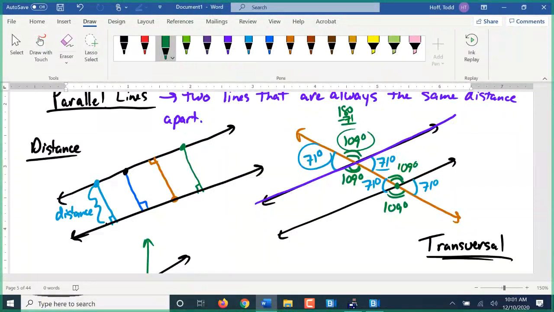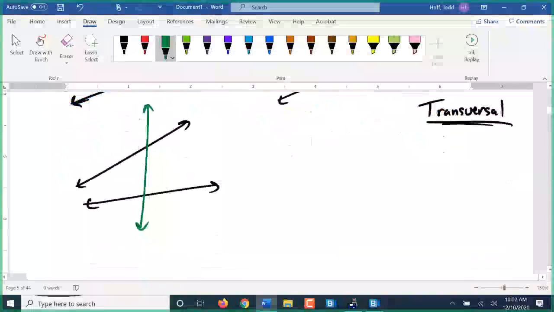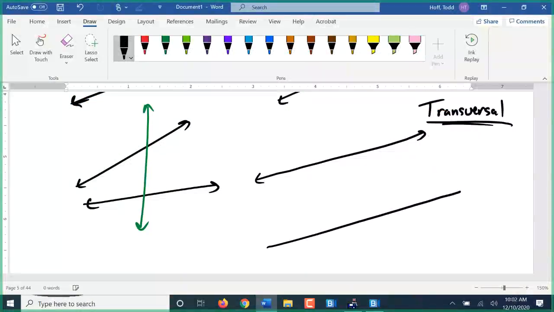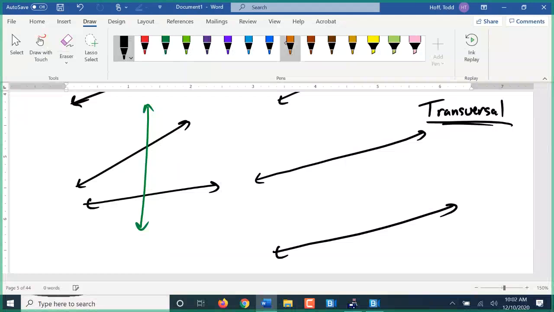When a transversal cuts parallel lines, if this were a formal geometry class, there are all sorts of definitions that we would come up with. Don't write these down. You're not going to ever be tested on them. You're never going to have to remember them. But any angle that is formed between the parallel lines is said to be interior, because it's on the inside, between the parallel lines.